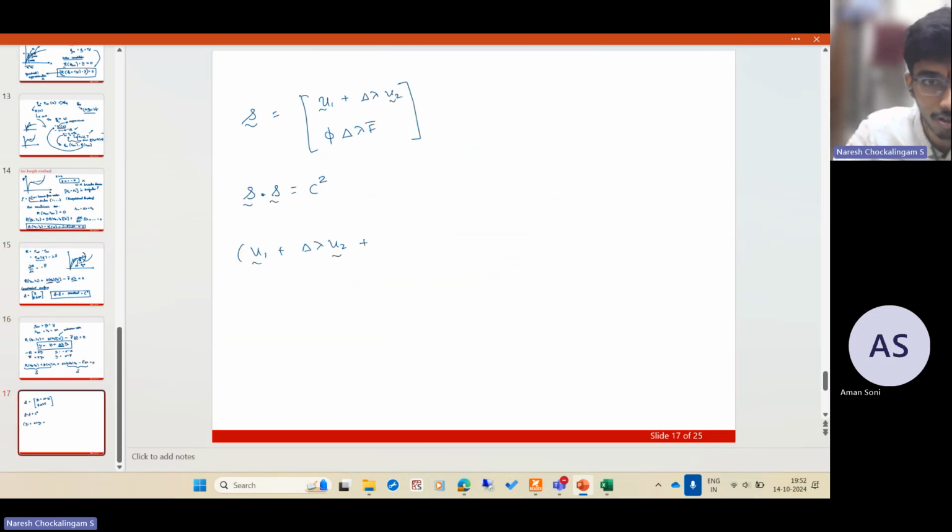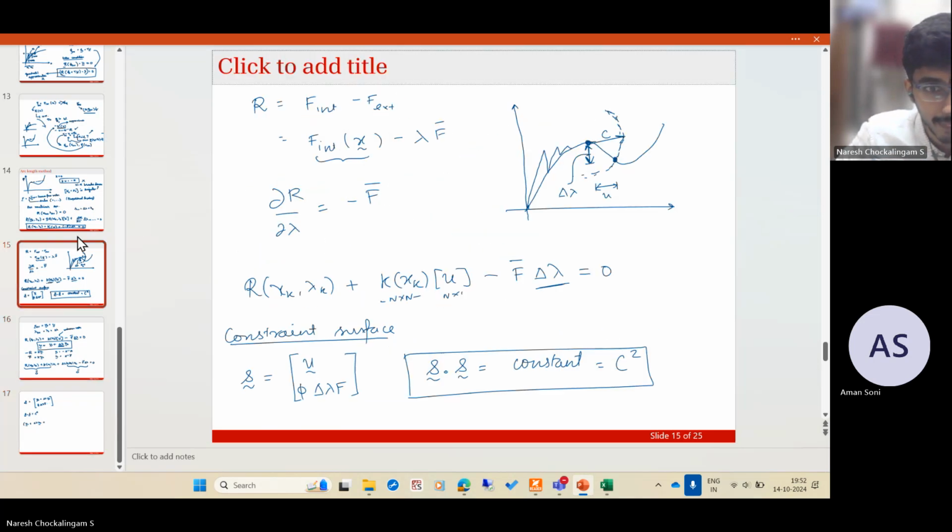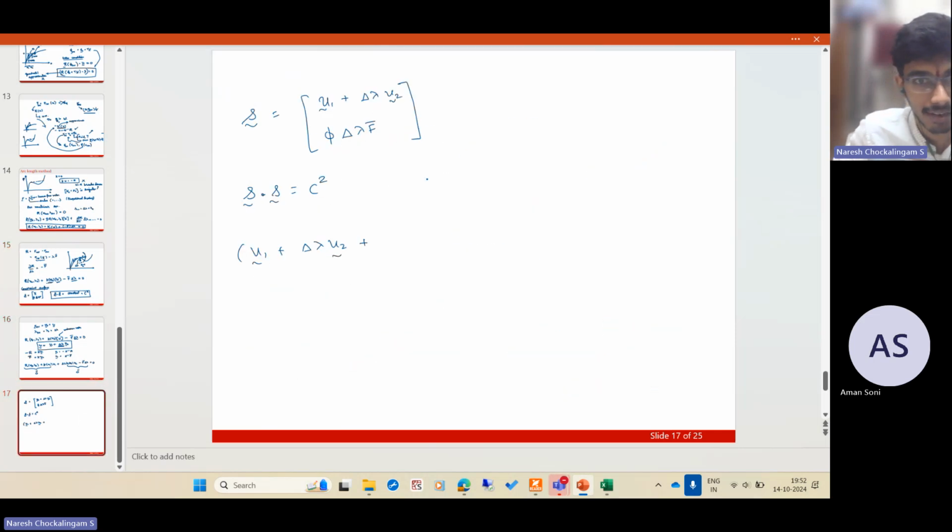So there will also be something up to the previous point, right? So this delta lambda is the full step. But in every iteration, you have a delta lambda k. So up to the previous iteration, you have some delta lambda k. And delta lambda k plus 1 is delta lambda k plus delta lambda.